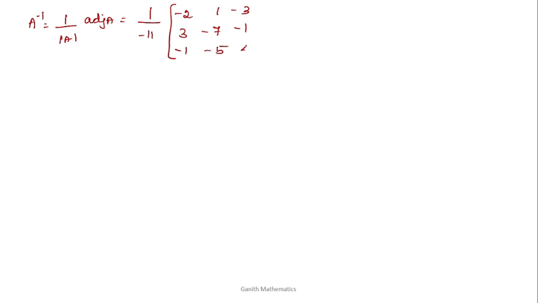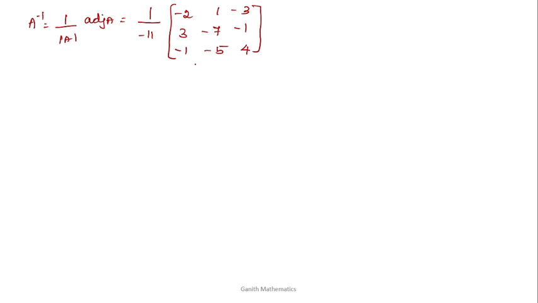A inverse is equal to 1 by determinant of A into adjoint of A. So that is 1 by minus 11 into adjoint of A, that is 2, 1 minus 3, 3 minus 7 minus 1, minus 1 minus 5, 4.